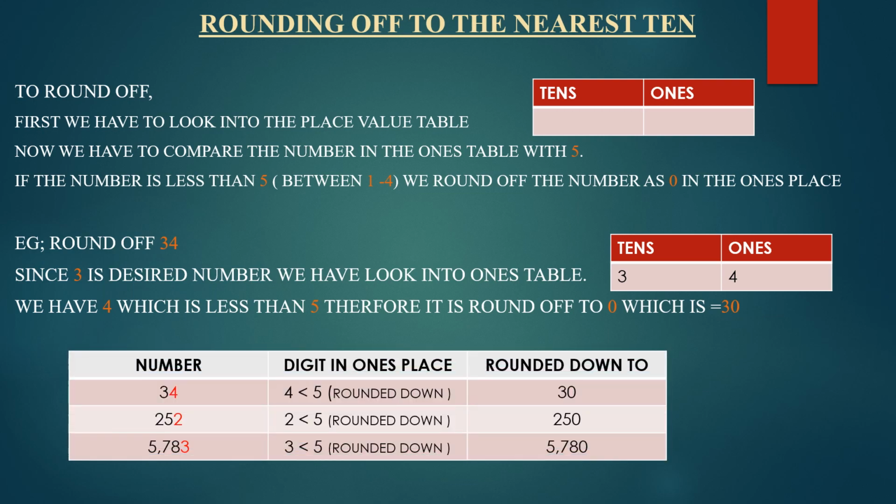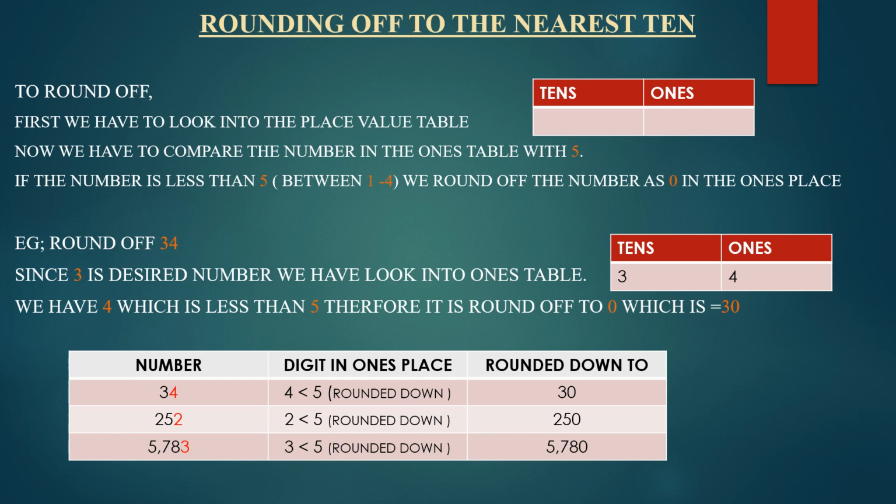In the same way, I have given a 3-digit number and a 4-digit number also. For example, in the 3-digit number, to round off to the nearest 10, when you take 252, the 5 is the desired number, and you look into the 2. 2 is less than 5, so we are going to round down. So we get 250. The same way 5783, the 8 is the desired number, the tens place.